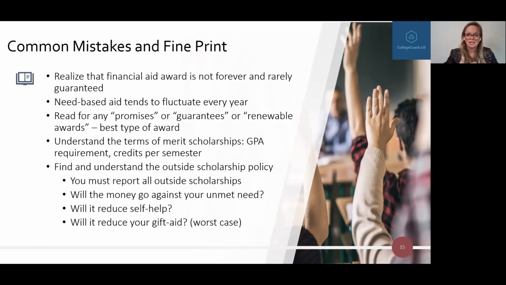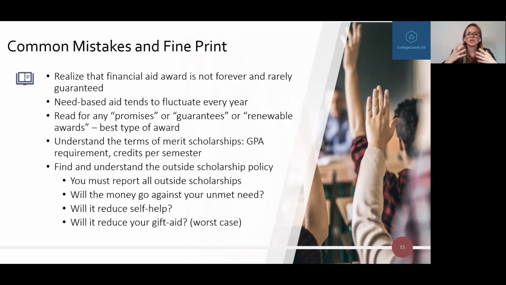They're need-based, and every year your need may fluctuate depending on how much money you're making, what assets you're having, how much money your kid is making, how many students you have in the household. Maybe today you have one in college, and 2 years from now you're going to have two in college. So your need is going to grow as more students start attending college. So that is going to fluctuate every year.